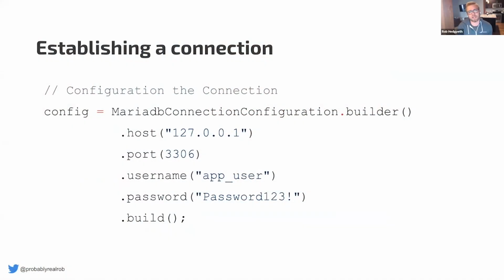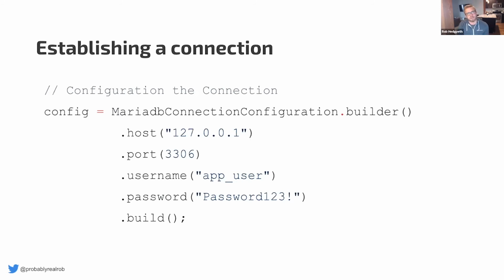So establishing a connection. Well, obviously you're going to need some kind of connection information, and that's pretty similar no matter what you use for relational database. You've got your host, your port number, your username, your password, and it can build these things. Now, ultimately, it builds this into a connection factory provider, but each driver implementation is allowed a certain amount of leeway to create things like the MariaDB connection configuration object.